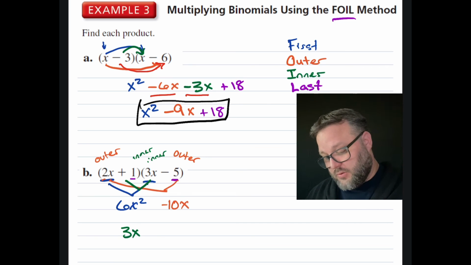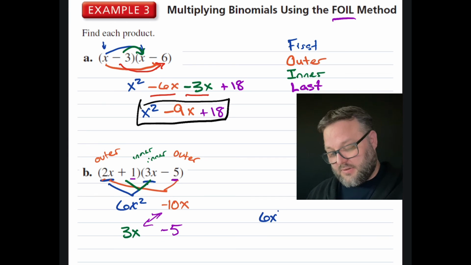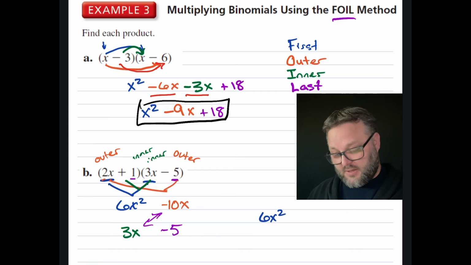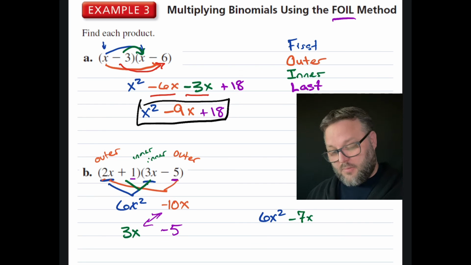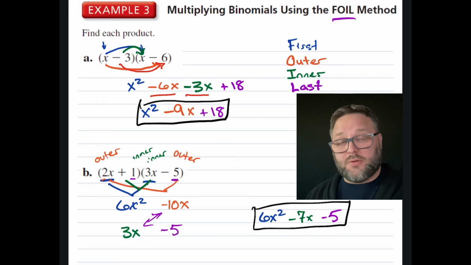Now, when we do combine these, because 1 times -5 is -5, I can actually combine these two, and I'm going to end up with 6x squared, -10 plus 3 is a -7x, minus 5. And I have my answer to multiplying the original binomials.